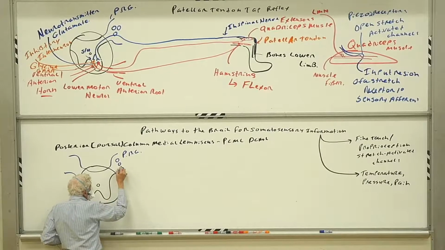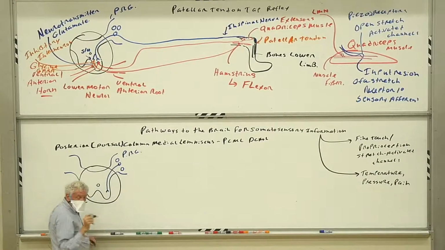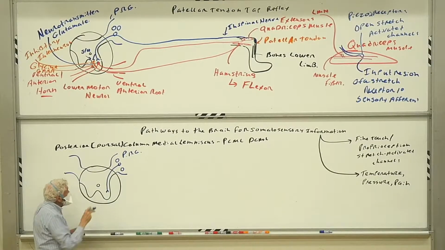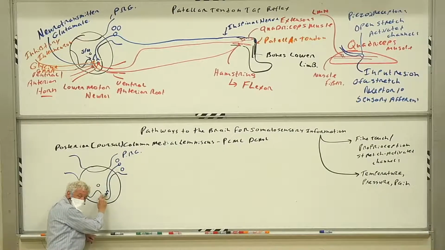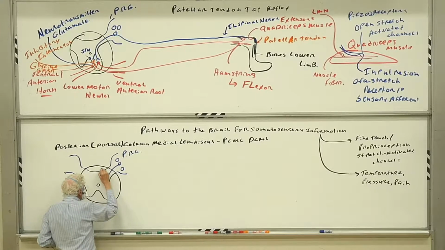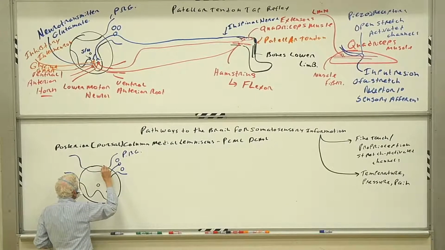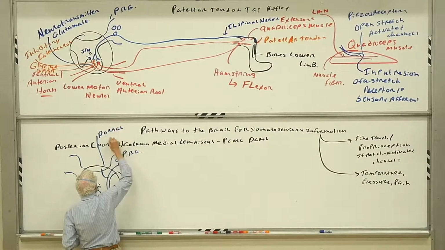The neuron we talked about, which was proprioception, came in and synapsed onto the lower motor neuron. But that's not what we're interested in now. This very same neuron, in addition to sending a process down to the ventral horn, will send a process here into a region known as the dorsal or posterior columns.